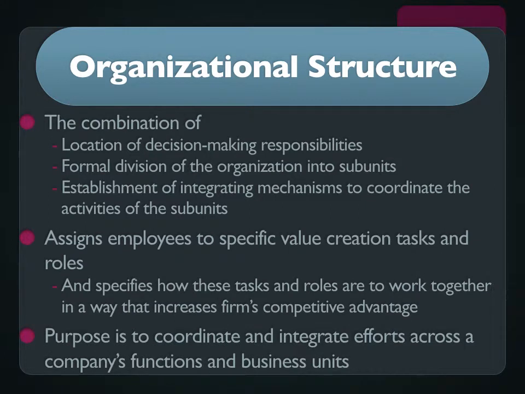So ultimately, the purpose is to coordinate and integrate efforts across a company's functions and business units. So it's thinking about the way in which we organize our organization, putting different people in different places in order for those individuals to complete various tasks along the value chain.